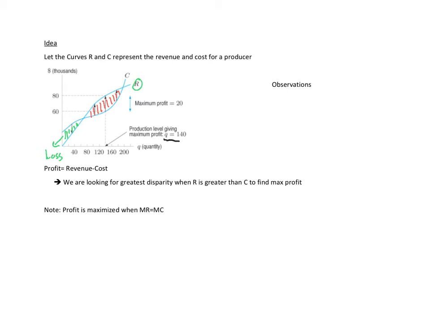If you look at Q equals 140, then in this space here, you have the greatest difference between revenue and cost. So in this instance, I would say max profit is when Q equals 140. Now the space between those two marks here looks like 80 and 60.